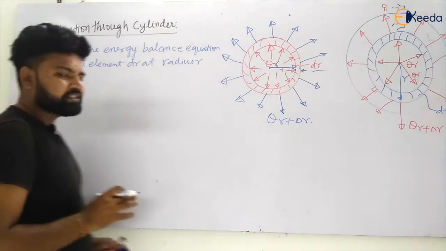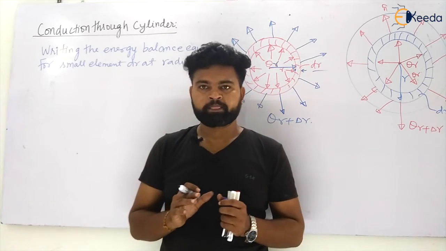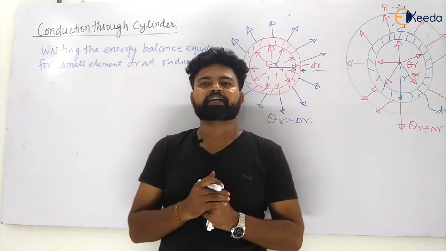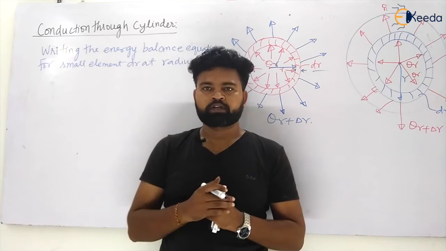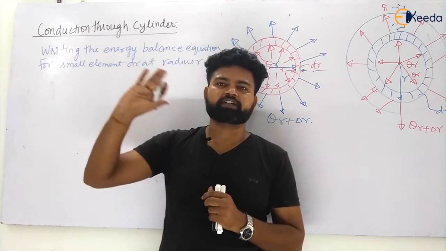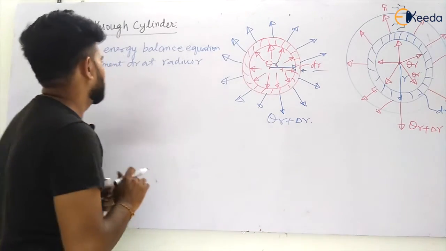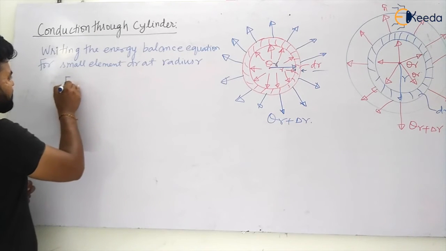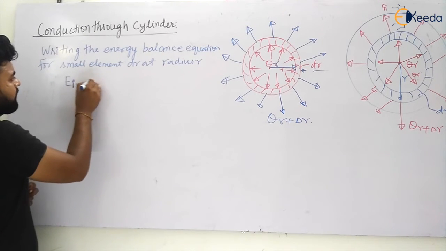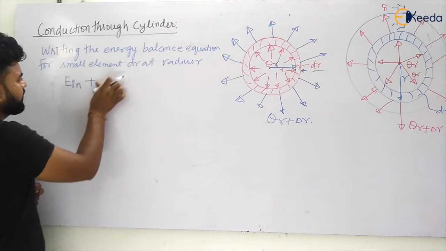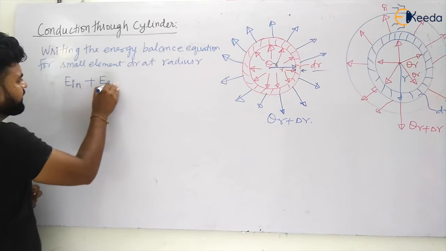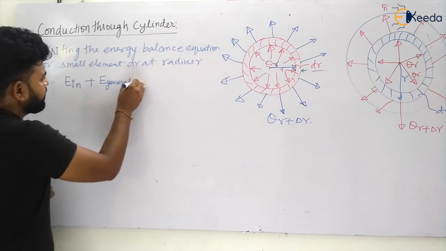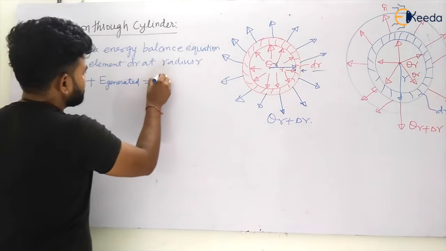So whatever is coming into the element and whatever is generated inside the element will go out. So it will be conducted and it will be convected from the outside surface. Let us see how. So energy in the element plus energy generated, that is Q generated, will be equal to energy out.